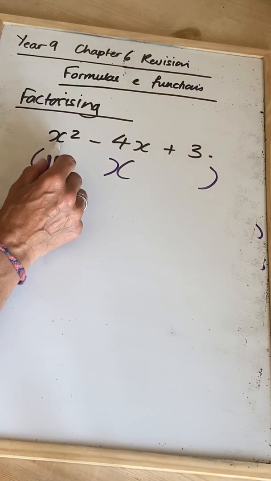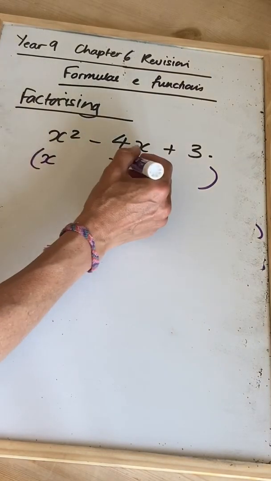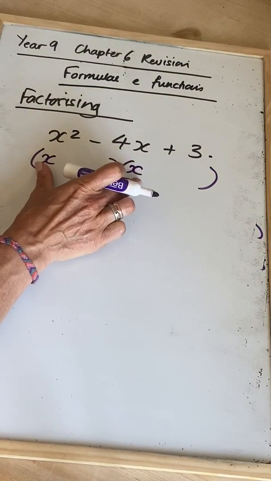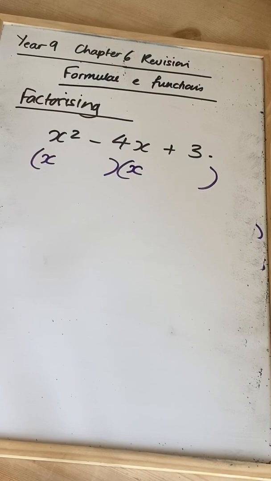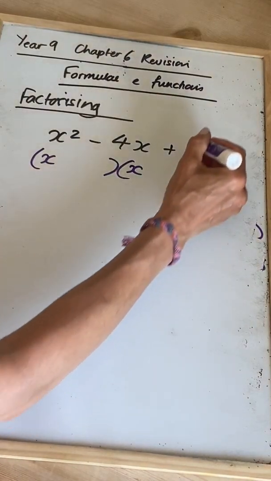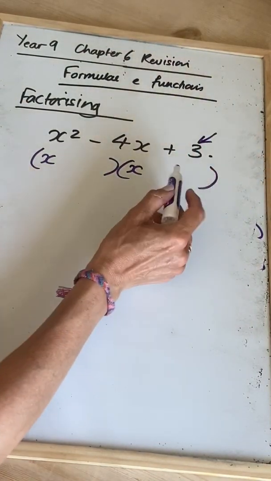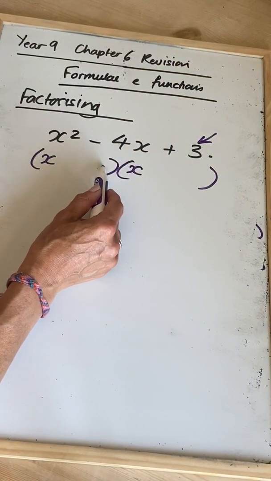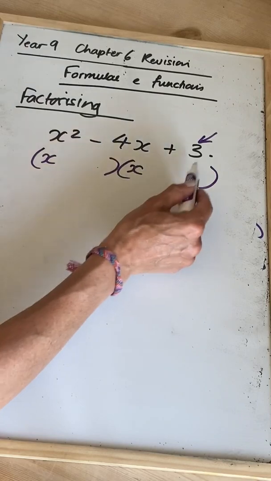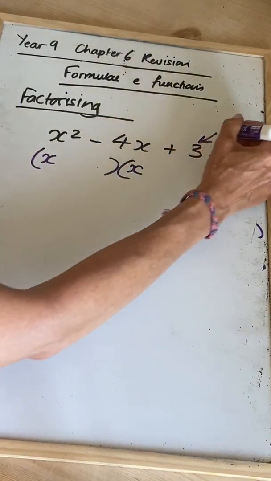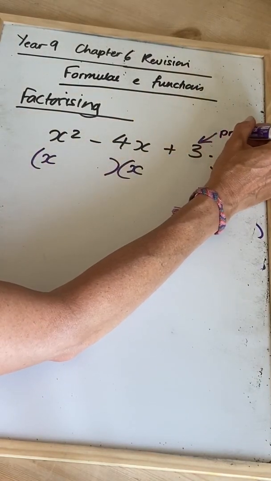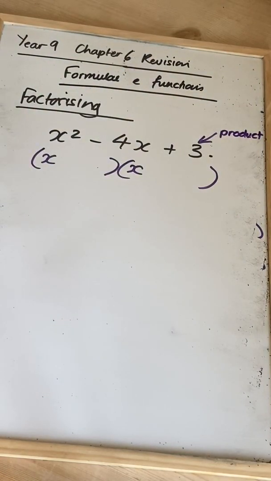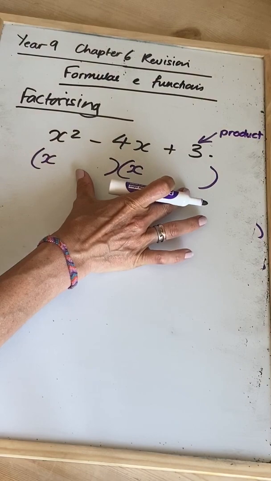Clearly, if it starts with an x squared, the first term in both of them has got to be an x, so that when you multiply them together, you get x squared. Clearly, the last term here and the last term here, when you multiply them together, have got to give you plus 3. So that 3 has got to be a product of two numbers, and those are the two numbers that go here.